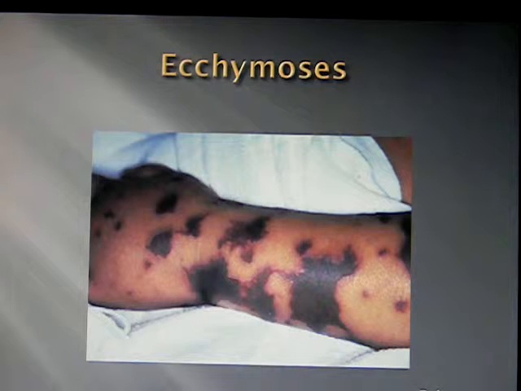These petechial regions can coalesce and become larger lesions that appear as ecchymoses, as shown on this slide. The petechiae usually correlate with thrombocytopenia and disseminated intravascular coagulation, which can be important indicators for bleeding and thrombotic complications.